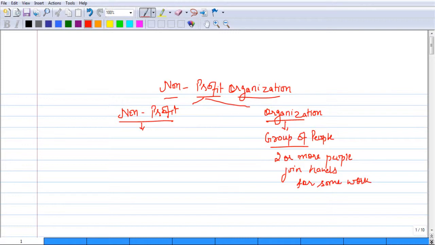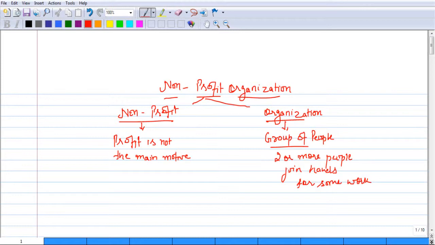So the first thing is that it is a group of people who join hands for some work. The second important point is that profit is not the main motive of this group of people.